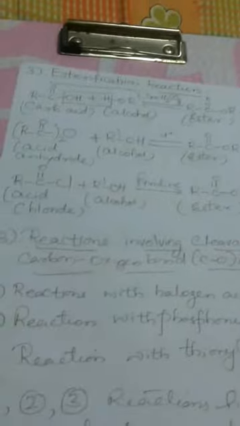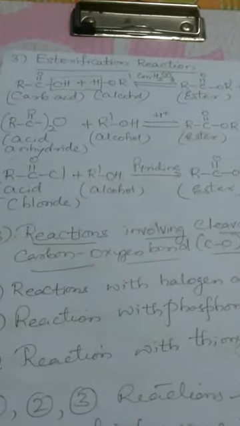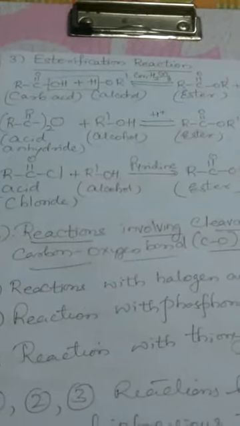Now the other reaction of obtaining an ester is by taking an acid chloride, that is, OH from the carboxylic acid RCOOH is replaced by Cl, so that you will get an acid chloride RC double bond OCl, which reacts with an alcohol in the presence of the heterocyclic compound pyridine, C5H5N.